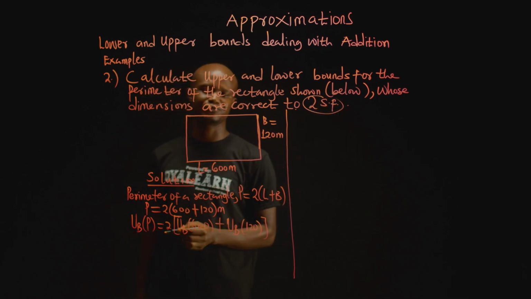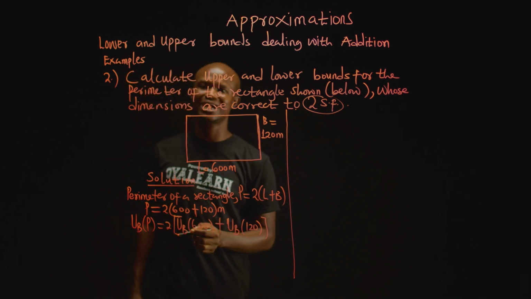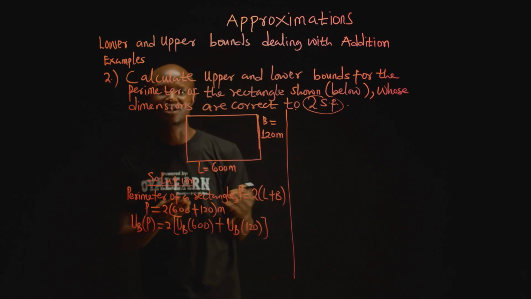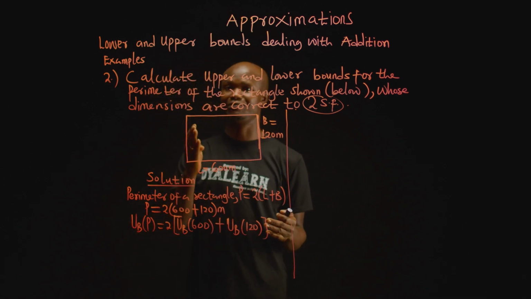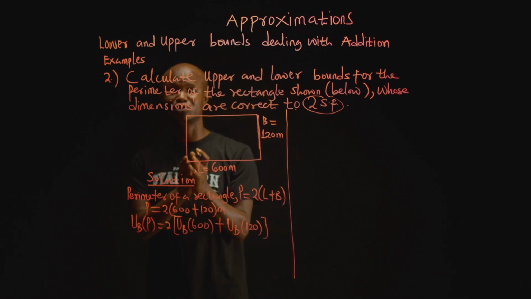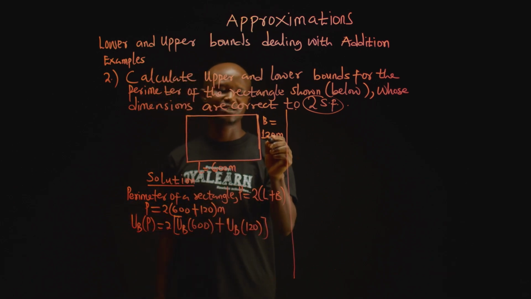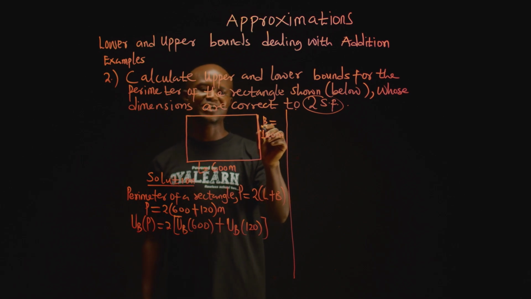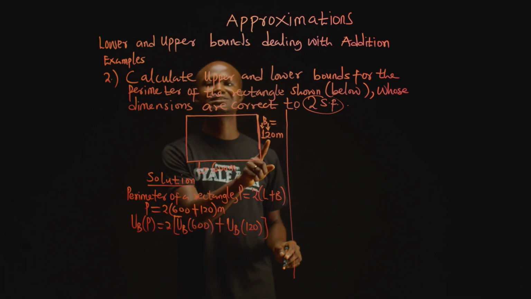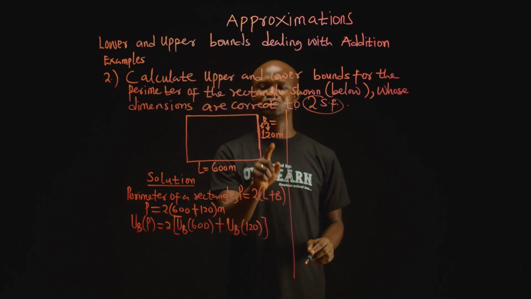This is to 2SF. For 2SF, if you want to approximate to two significant figures, you start from the left, with the first non-zero digit from the left. Looking at 120, the first number is 1, the next number is 2. So this is 2SF, 1, 2.